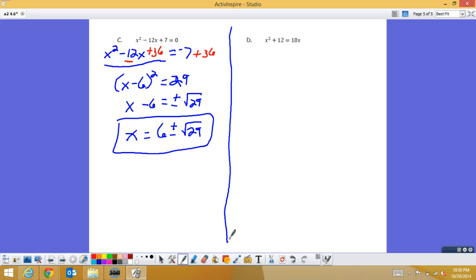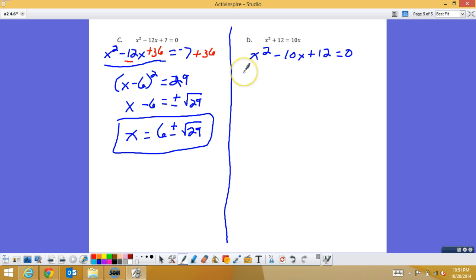Okay. And in D, again, I will check to see if it factors. I will subtract 10x from both sides. And once again, there are no factors of 12 that add up to negative 10, so this is not factorable.